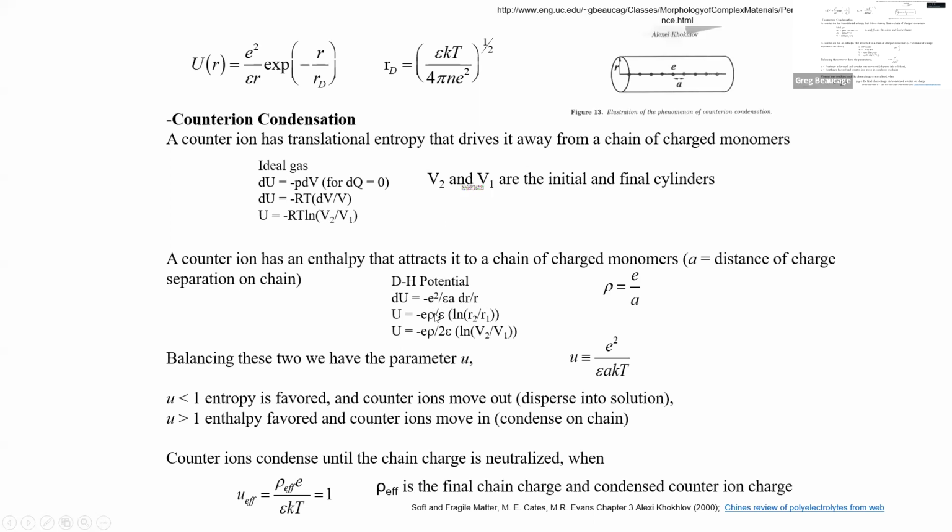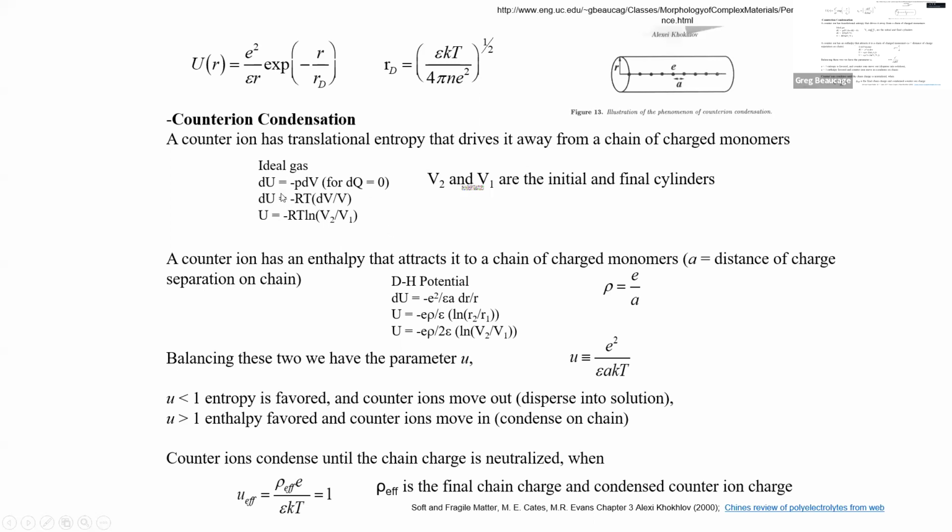So that's the charge density. That becomes rho, how many charges per distance along the chain, e over a. E's the charge, e squared is related to the energy. And then you end up with the same differential, except it's in terms of the charge spacing along the chain, which ends up giving you also the volume ratio log thing. So if you equate those two energies, this is the electrostatic, and this is more or less the entropic part of the thing.